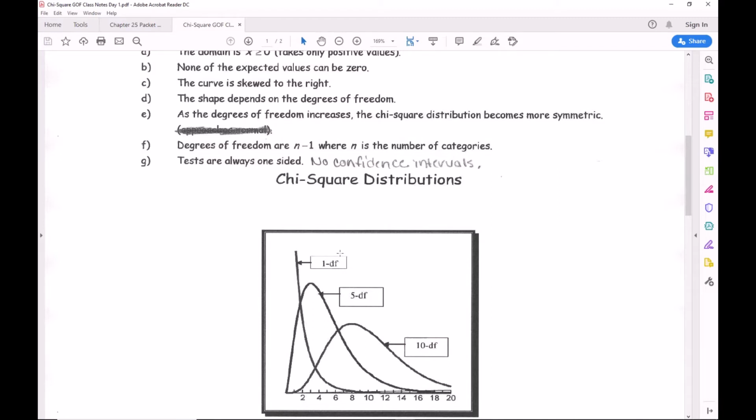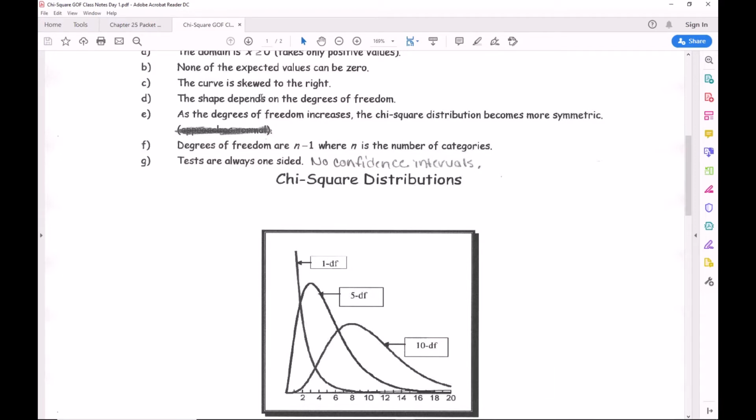So here we would have 2 categories, so 1 degree of freedom, and it's about as skewed to the right as it can possibly be. 5 degrees of freedom would be like 6 categories, and it's skewed to the right. 10 degrees of freedom would be 11 categories, and it's getting a little bit more symmetric. Doesn't matter how many categories you have, it'll always be skewed to the right, either extremely or less so.